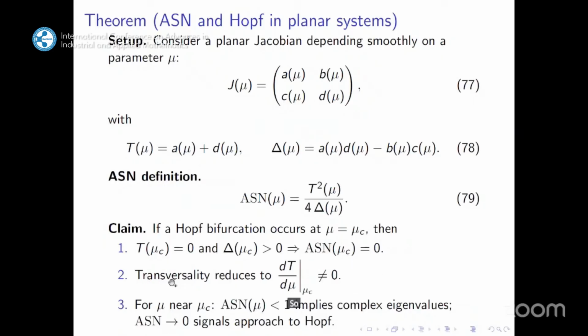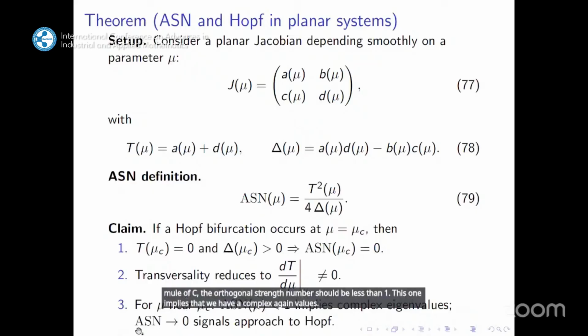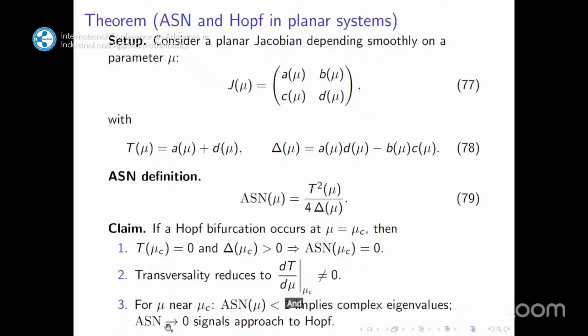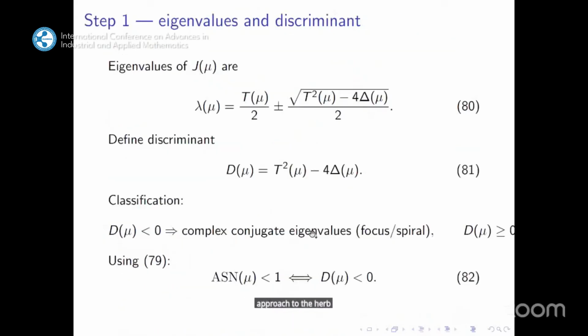We also have transversality reduced to this point, dT over dmu should not be equal to 0. For mu near this value, mu c, the Atangana strength number should be less than 1. This implies that we have complex eigenvalues, and the Atangana strength number approaching zero signals approach to the Hopf bifurcation.